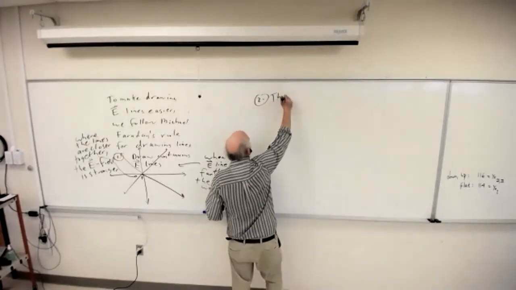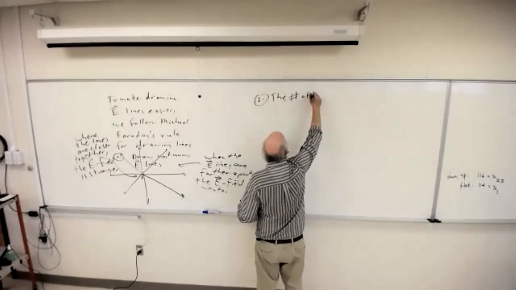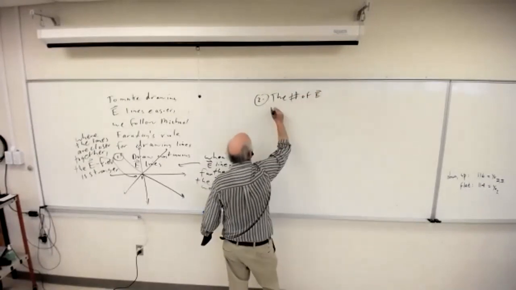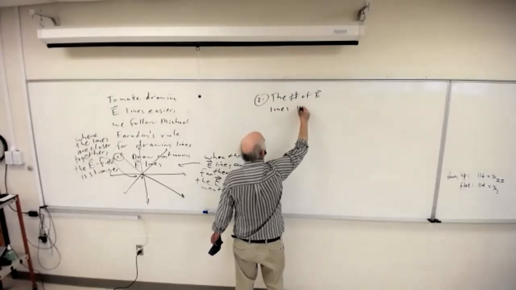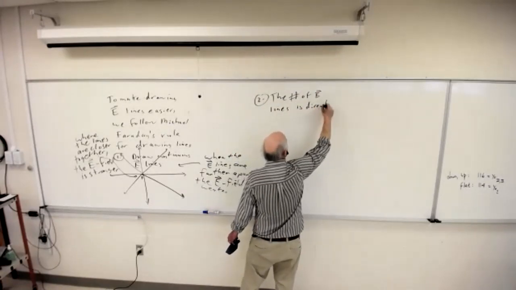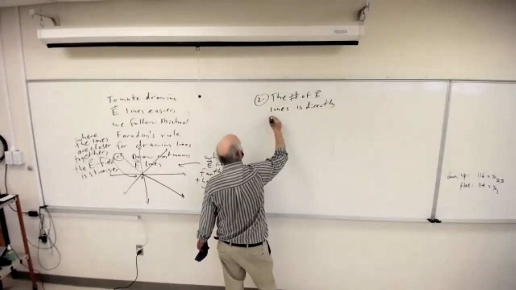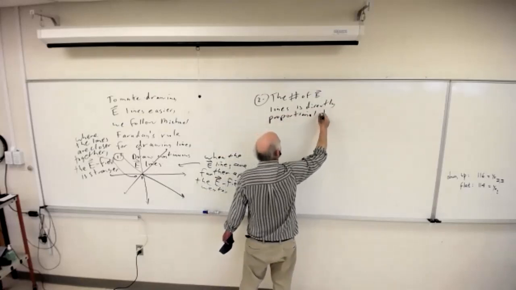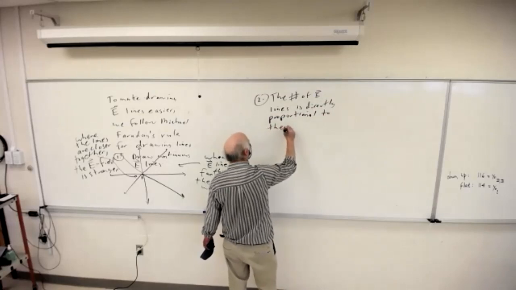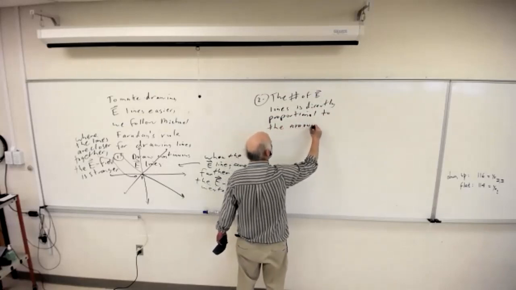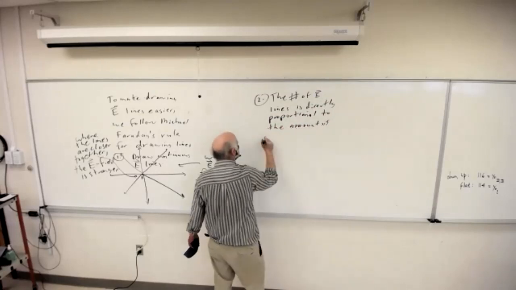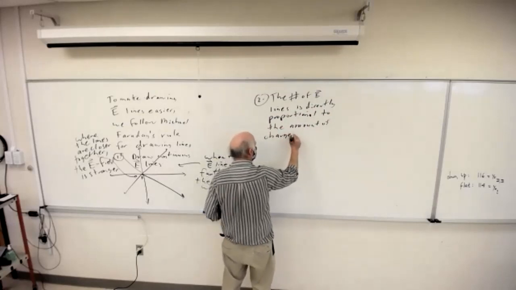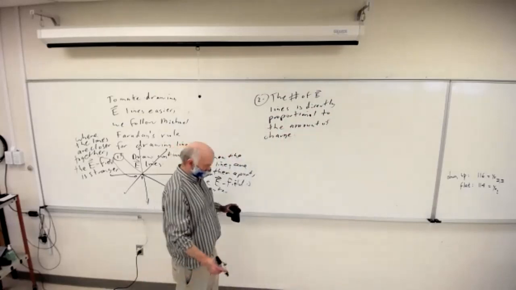The number of E lines is directly proportional to the amount of charge. What does this mean?